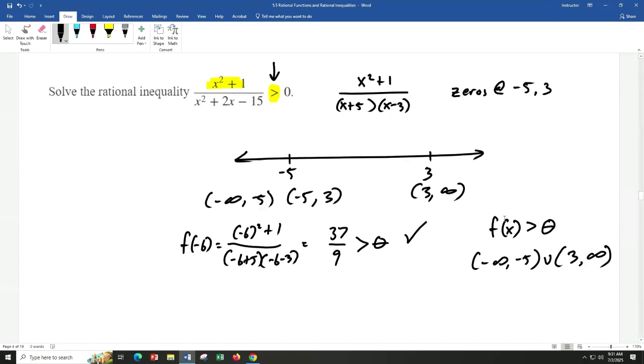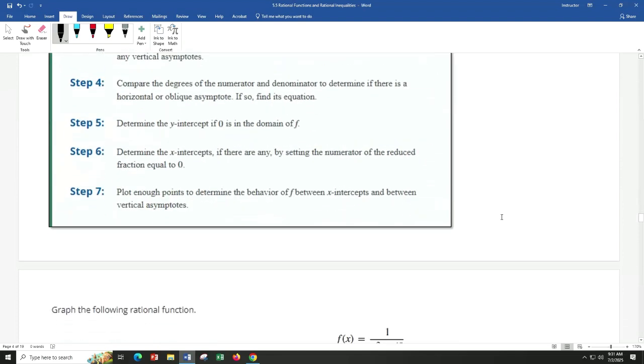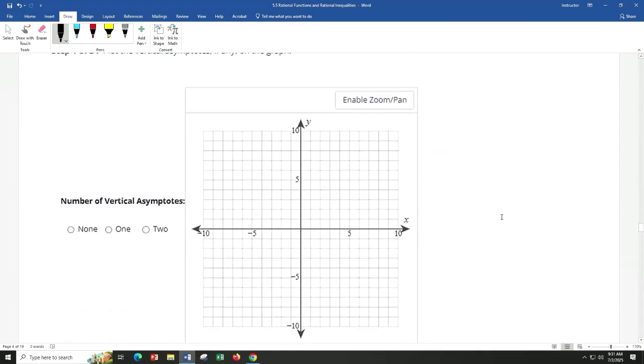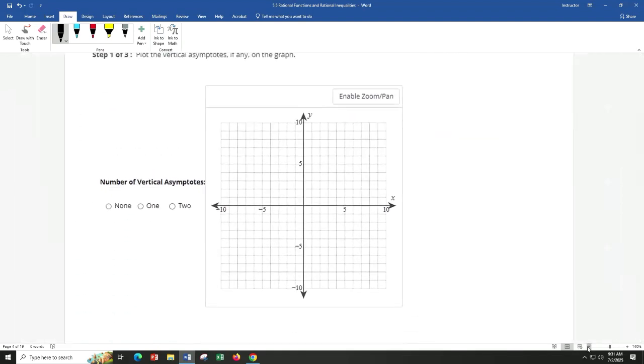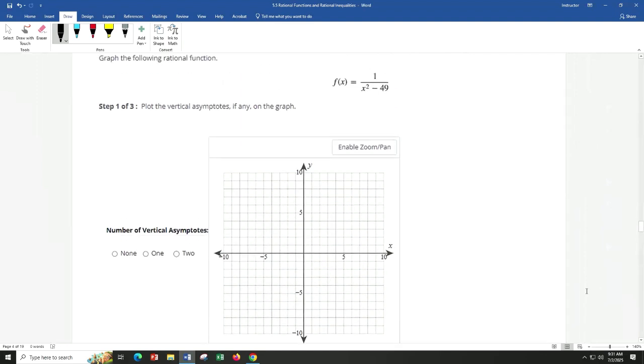Let me show you graphing very quickly. It's very simple-ish, more annoying here. I'm gonna do this very quickly so I can get to a harder question. Notice here, I have x squared minus 49, which means I'm gonna have a vertical asymptote at where? How many am I gonna have? Factor first, factor everything first. Is that not a difference of squares?